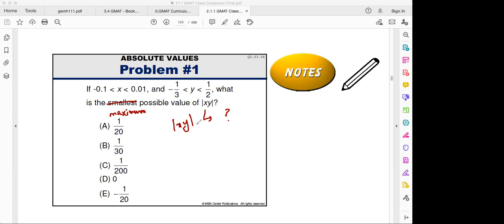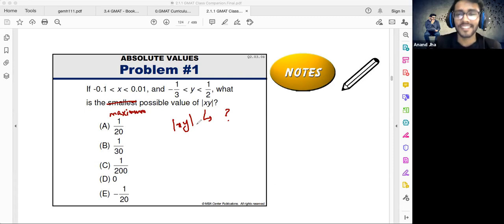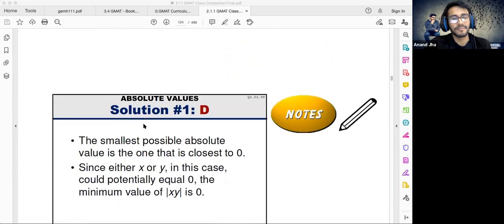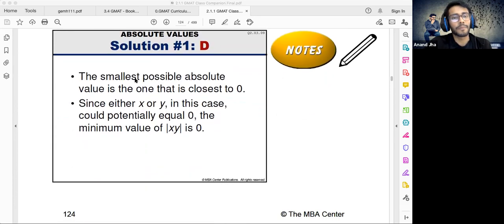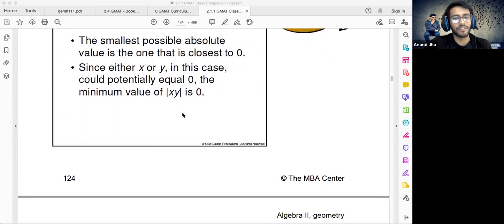Others? 1 by 20. Who left? I think Dipali left. Okay. 1 by 20. Remember this. The smallest value mod can take is 0.